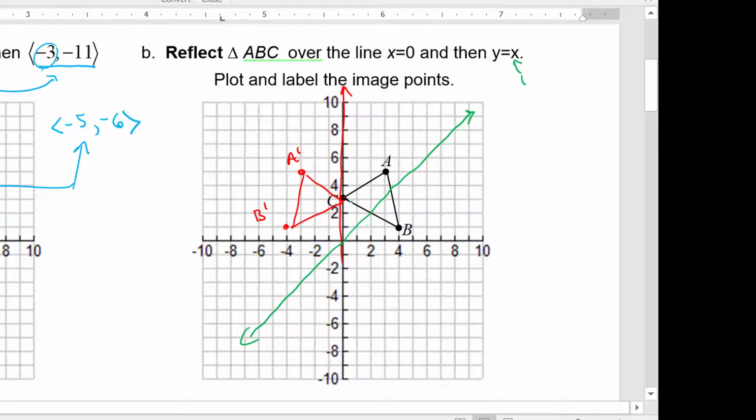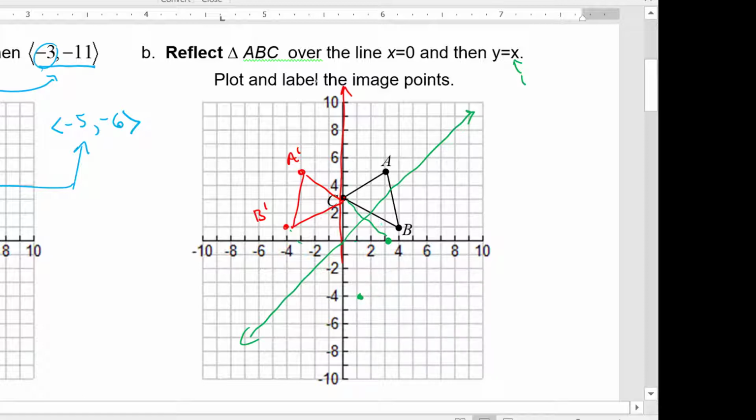Instead of at 0, 3, it's going to be at 3, 0. And this one goes across the line. Instead of -4, 1, it's going to be at 1, -4.